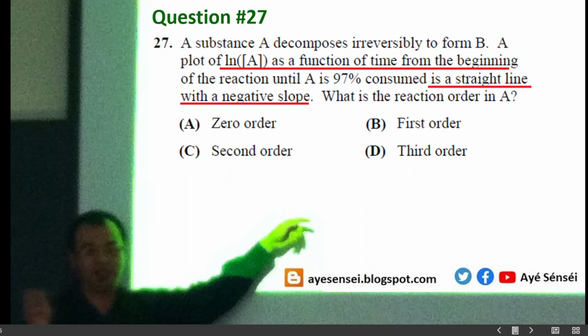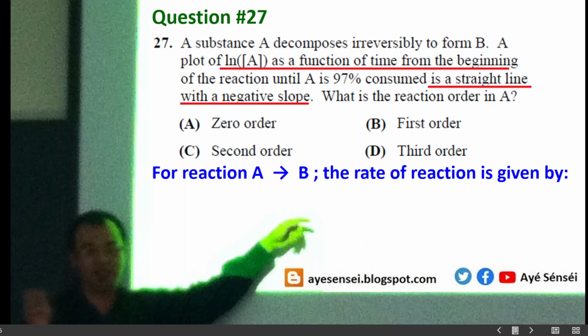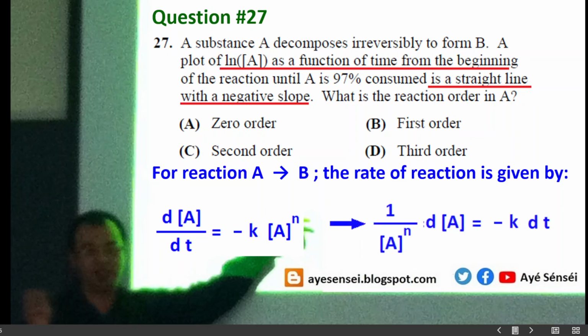Next we need to analyze. For the reaction A becomes B, the rate of reaction is given by this correlation. Here we can put the same variables in the same place.